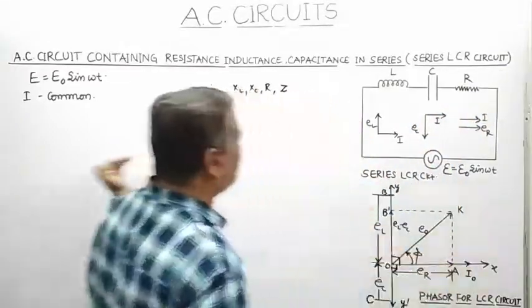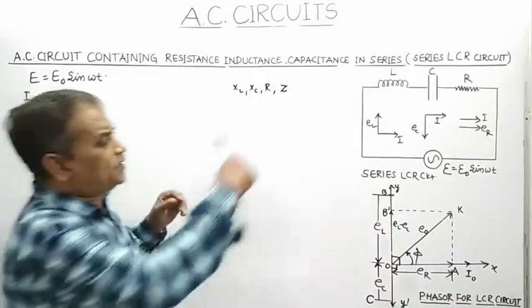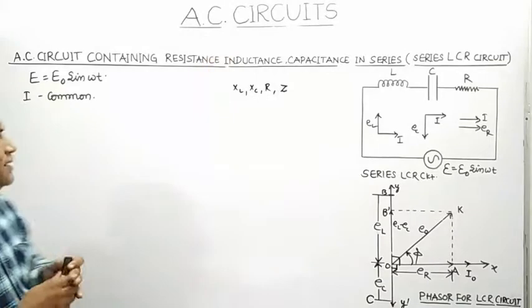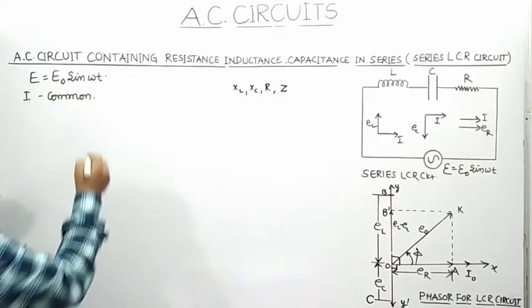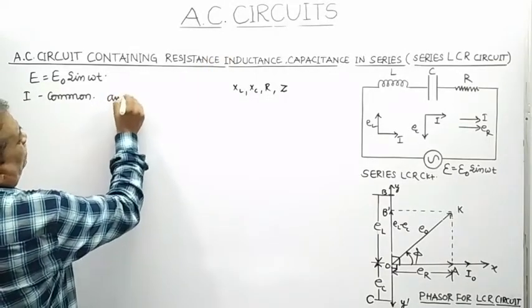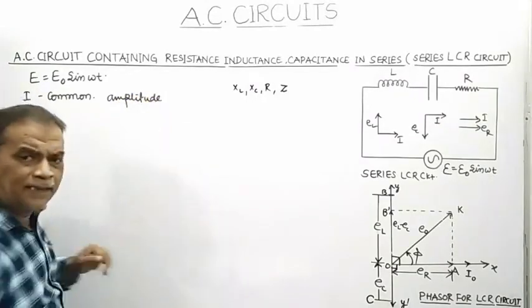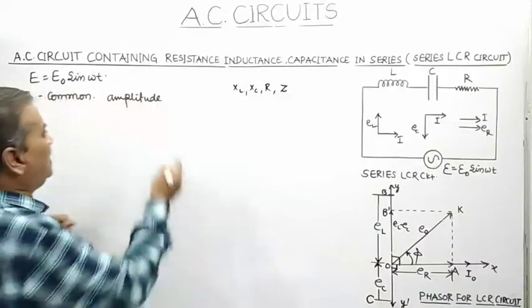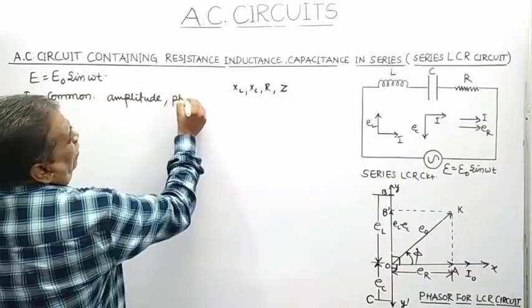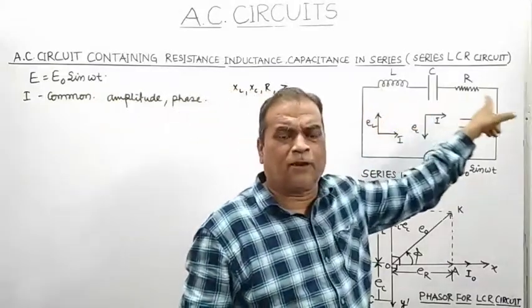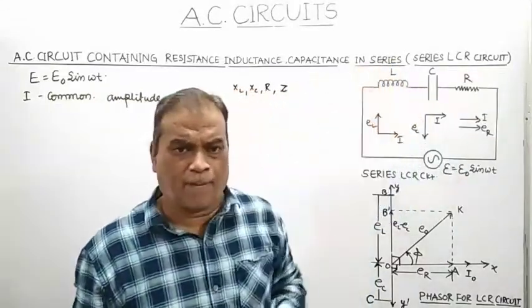It means the instantaneous current flowing through the series combination is the same: its amplitude is the same, as well as the phase of the alternating current flowing through the series combination of LCR.